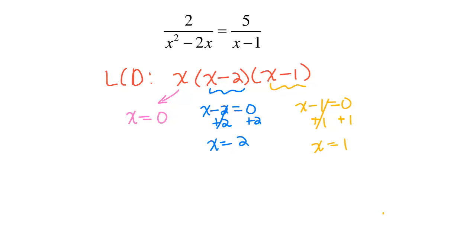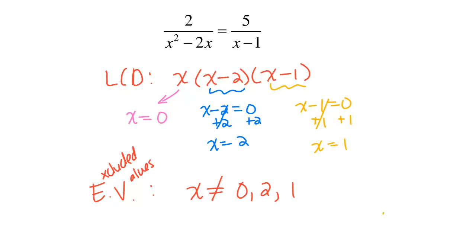Now that I have my 3 values, those are my excluded values. So I'm going to put EV, but those mean excluded values. That's what that means, but I'm going to abbreviate it as EV. So my excluded values, x cannot equal 0, 2, or 1.